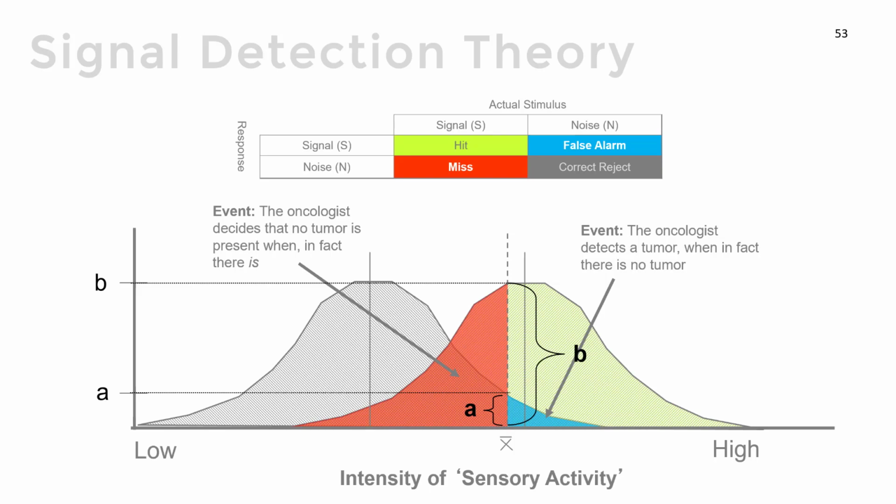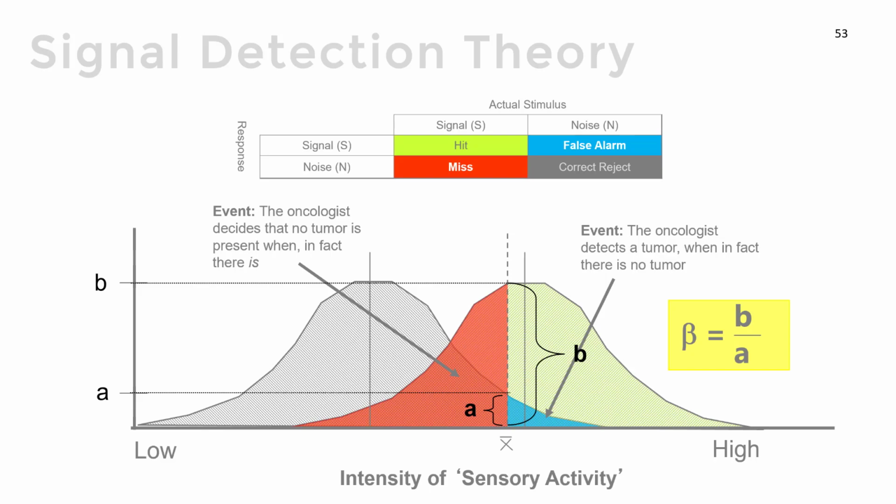And let's call the height of where the green curve intersects our decision line B. So the ratio of B over A is known as the doctor's response bias, and it's denoted by the symbol beta. The response bias is an indicator of just how risky our doctor is.